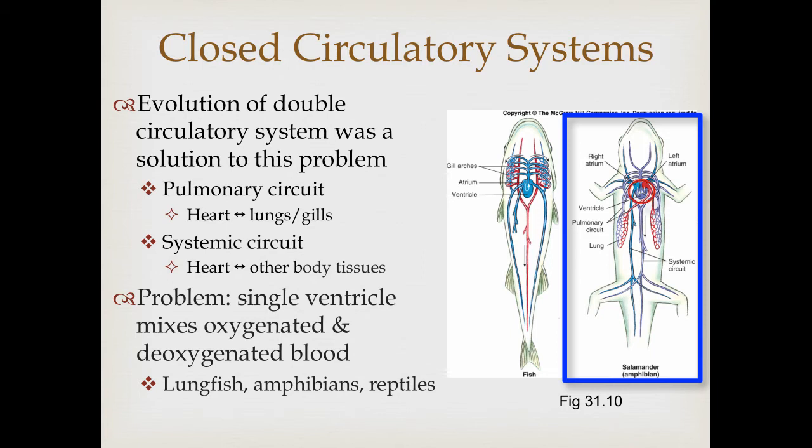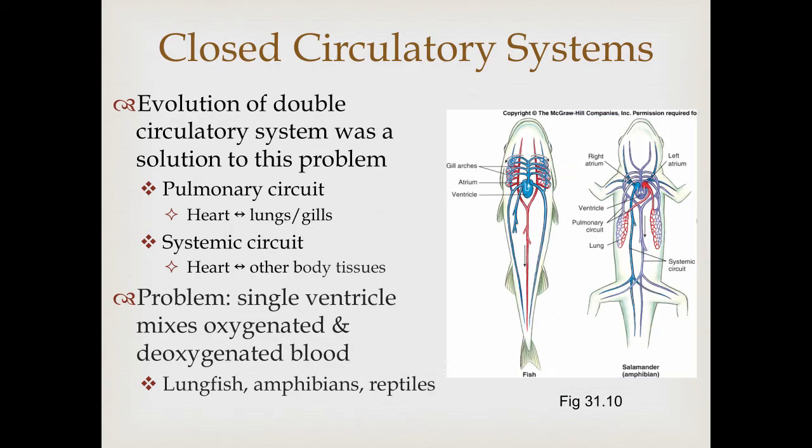And so we're mixing up oxygenated and deoxygenated blood in this single ventricle. And so the blood is then pumped in the systemic system to the body at a good pressure, but it's not as oxygenated as it could be. And so you're not being as efficient at delivering maximally oxygenated blood.